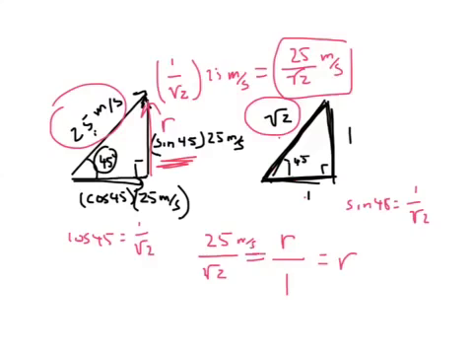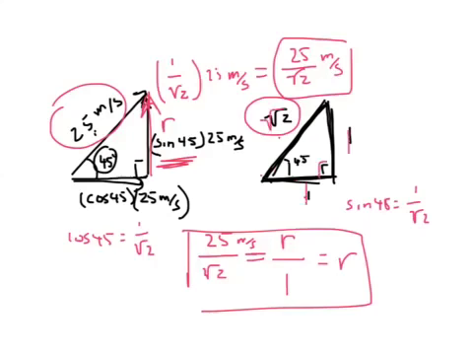So you can get this component r in any way, either by similar triangles, by using sine or cosine, or just literally using these 45-45-90 triangles and knowing that the values are 1, 1, and the square root of 2 on the hypotenuse. Okay, so here we go. We know that r is equal to 25 over the square root of 2.